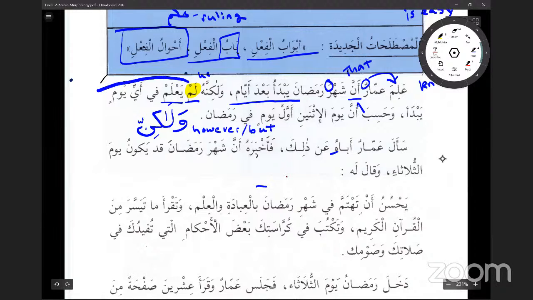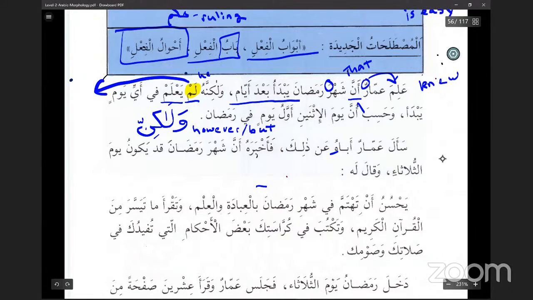Number one, it makes the present tense into past.